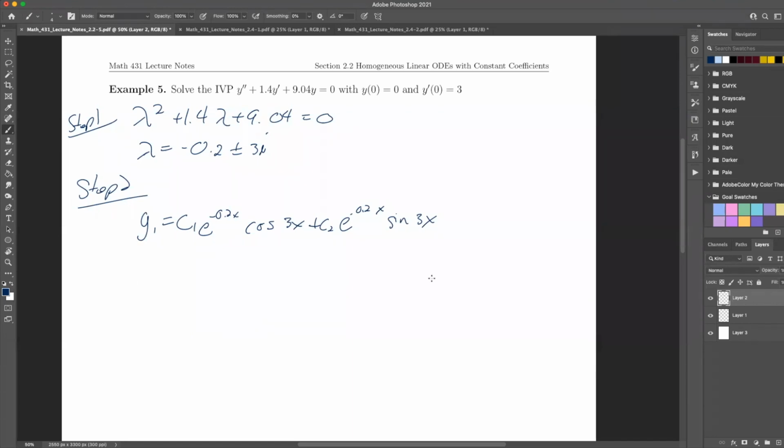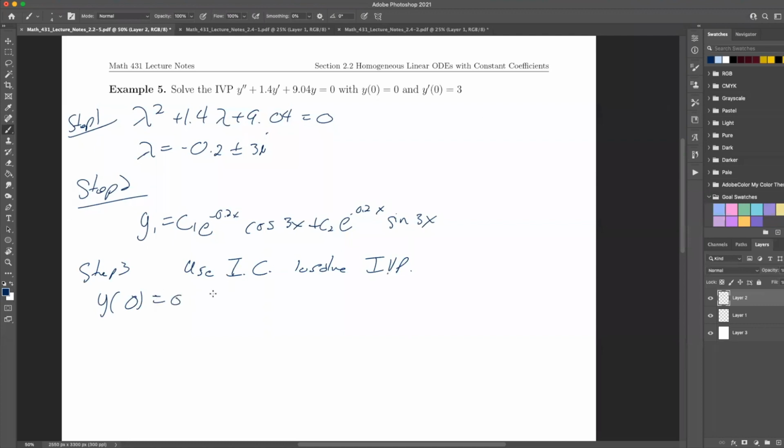Once we have this general form of solution, step 3 is to use our initial conditions to solve our initial value problem, the IVP. So here we have y of 0 is equal to 0.